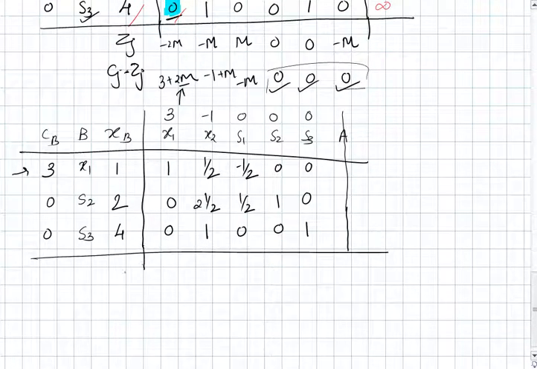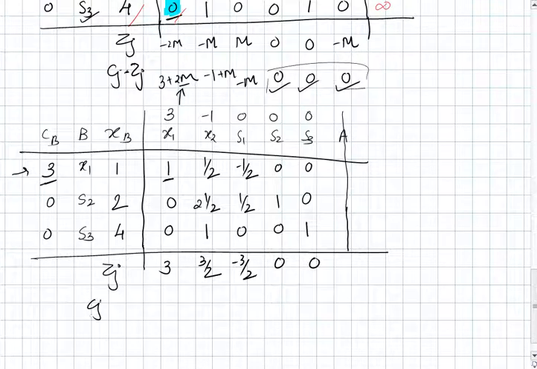Now evaluate Zj. To evaluate Zj, you multiply 3 with 1, so 3 times 1 is 3, 3 times half is 3 by 2, 3 times minus half is minus 3 by 2, 0 and 0.